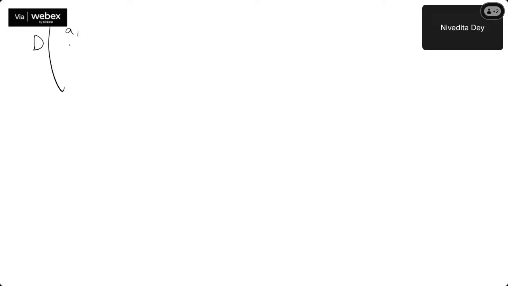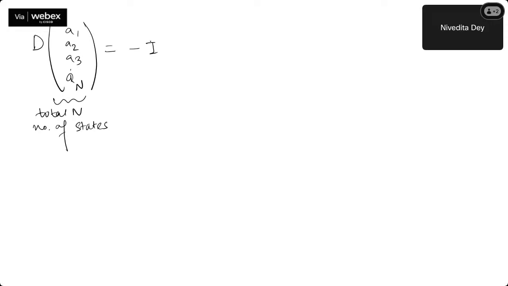So if it is applied on, say, initially it was A1, A2, A3, dot, dot, dot, till say AN, where I have a total of n number of states. Okay, so this is minus I plus 2J by n times this thing.